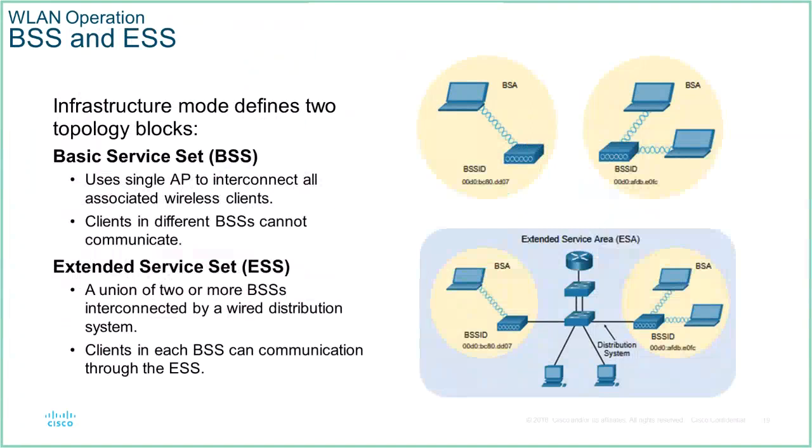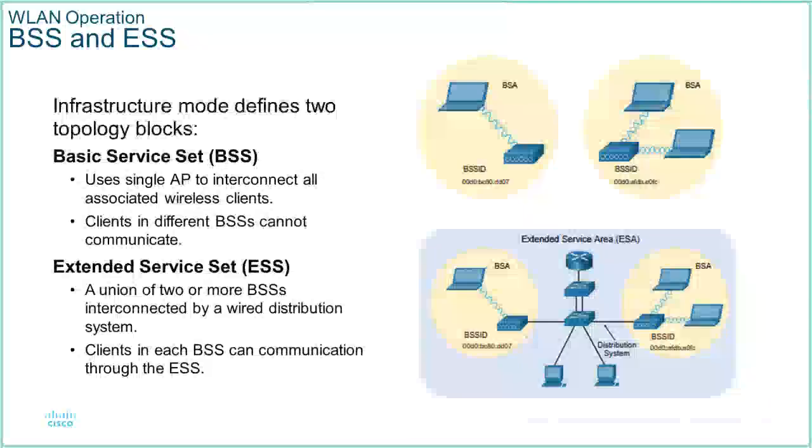Service sets are either basic or extended, and what the difference is, a single access point is a basic service set. All devices connect to the same service set and cannot communicate to other devices in a different service set.